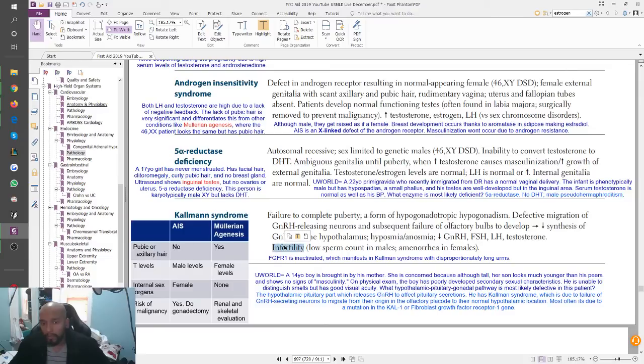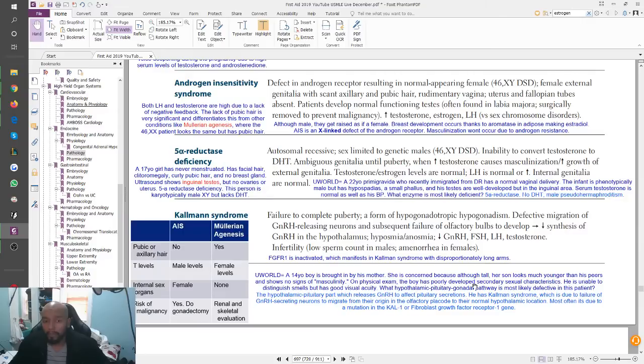Patients will be infertile due to low sperm counts in males and amenorrhea in females, because again, no FSH, no LH. And one extra note I added here is FGFR1 is inactivated, which manifests in Kallmann syndrome with disproportionately long arms. Right, so that's something that you can see in a question. Be very careful to not miss that.